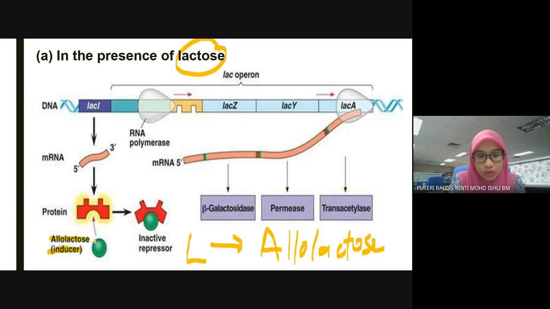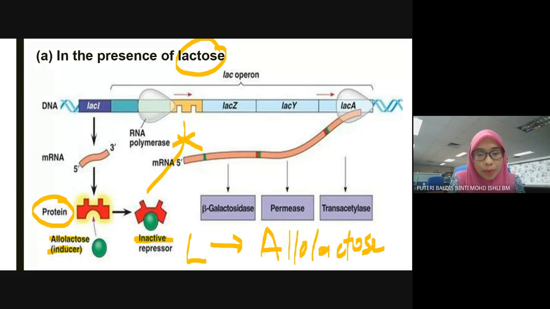This allolactose will bind to the protein, and then this protein will become inactive. When it becomes inactive, it cannot bind to the operator.